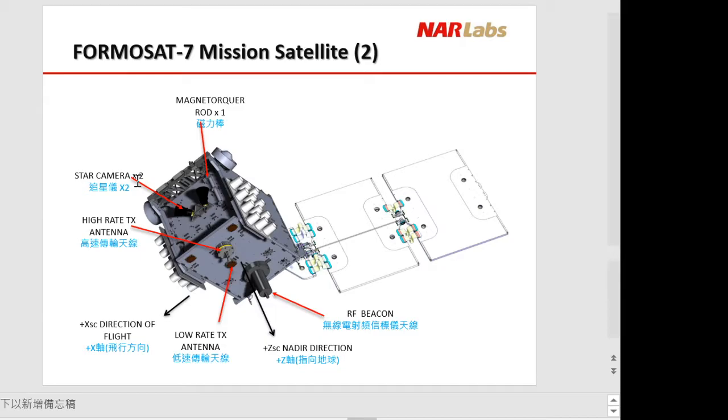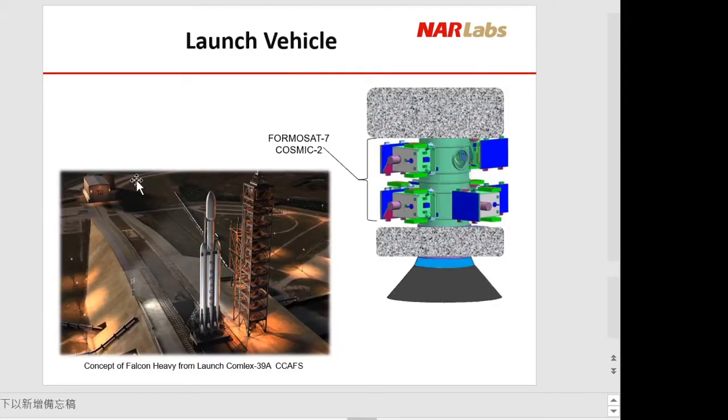You can see the star camera and the torque rod from this slide. Remember I mentioned the separation ring. The separation ring is the one you see here to connect to the launch vehicle adapter.